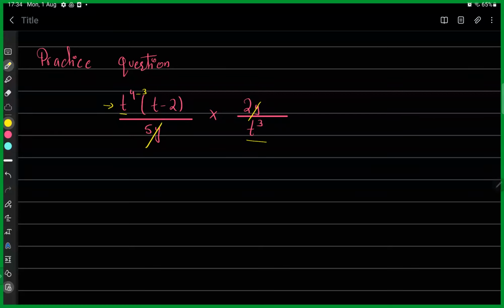So this would be cancelled and I've written minus 3 over here. Next, I would get t power 1 into t minus 2 divided by 5. This is going to be the answer.